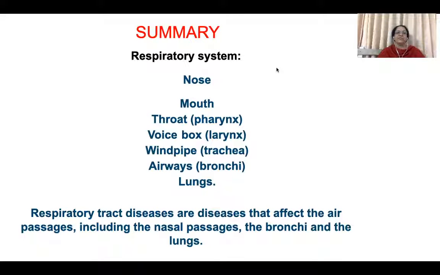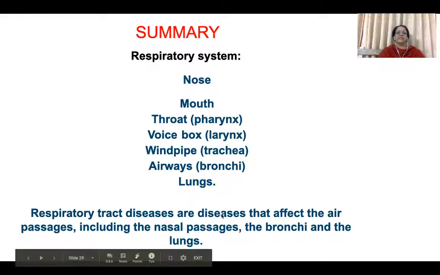So in this way, this is a study of the respiratory system. As you know, nose, mouth, throat, voice box, windpipe, airways, these are parts of the respiratory system.